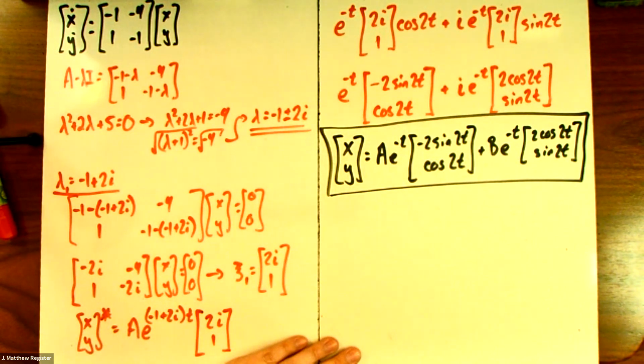And that's how we solve these when we have complex eigenvalues. It's pretty much always going to be the same process, which is the good news.